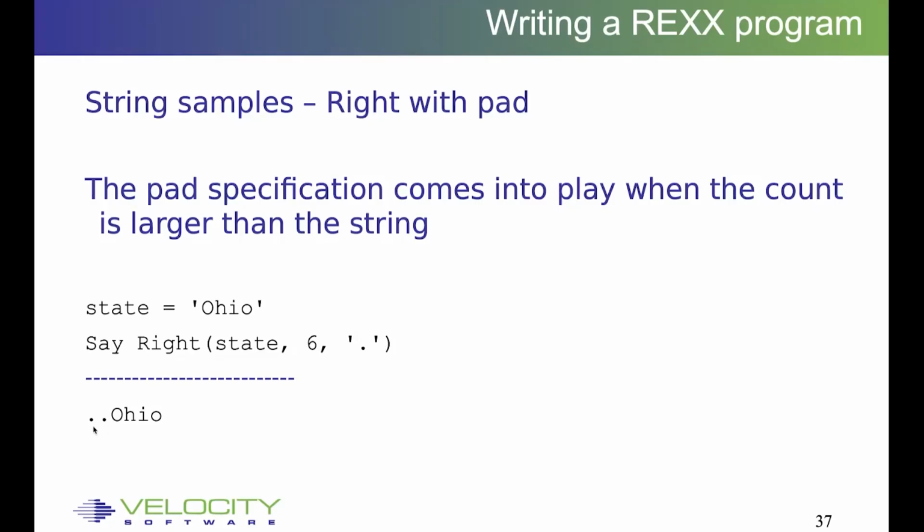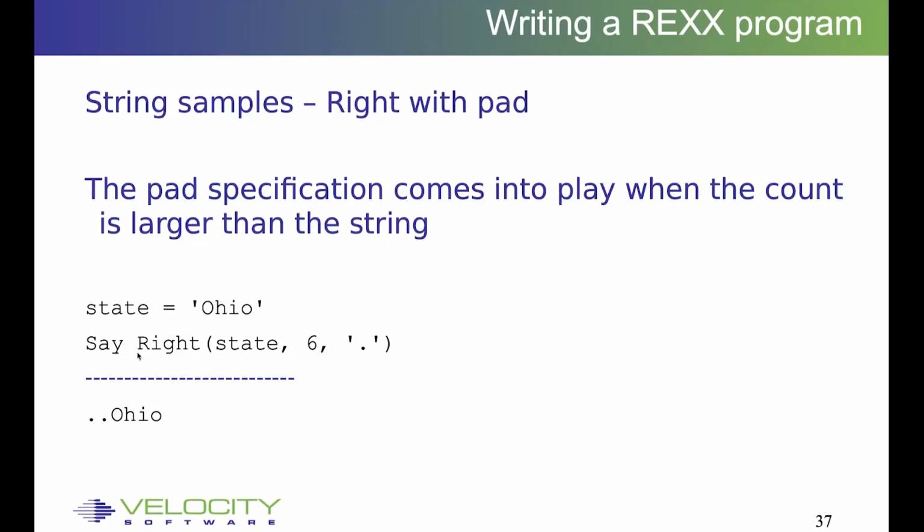Since Ohio is only 4 characters long, the pad character is used to pad the first 2 characters of the result. So this also allows you to justify a value inside of a string. If you don't specify a pad character, the default is a blank. And in this, if we had not specified the pad character, there would be 2 blanks here.